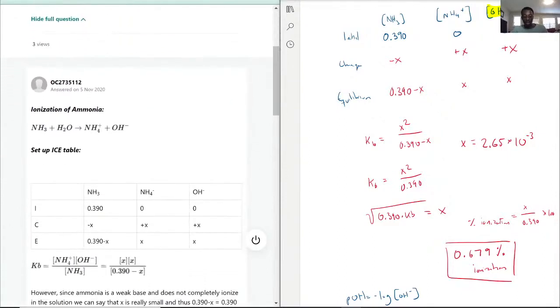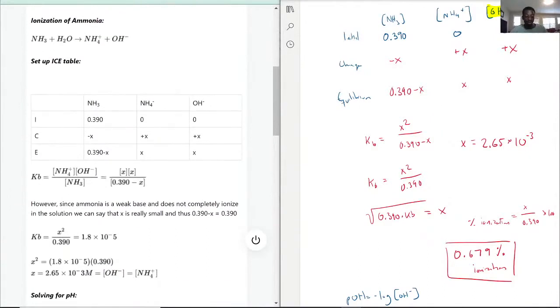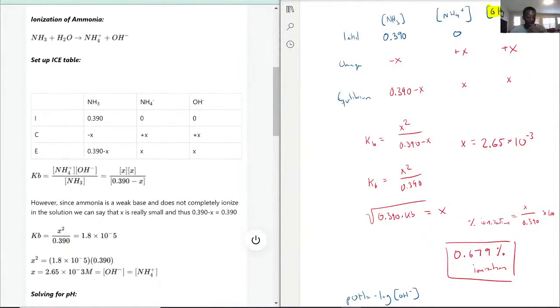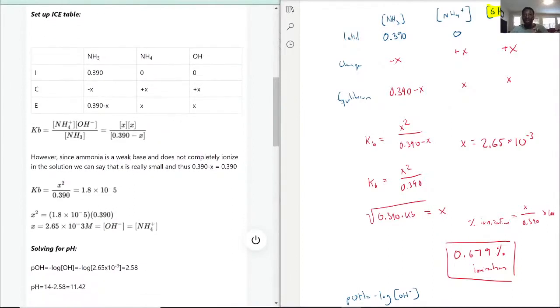So as we go through, they did set up the ICE table, and they also dropped their x because it's so negligible. And we showed that because we did the whole comparing if the concentration was 1,000 times greater than the KB.